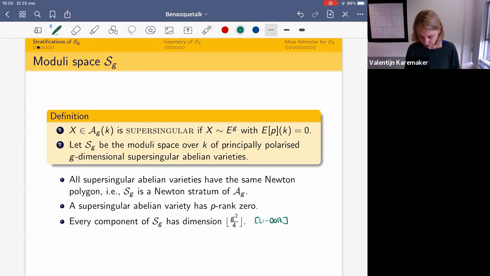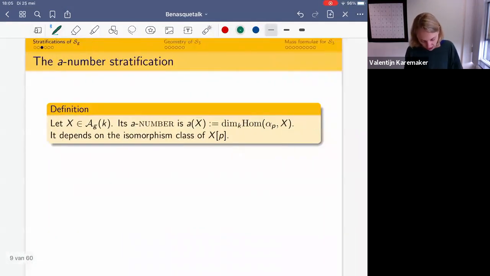Right, so I'm going to now define another stratification on this, for which I need yet another invariant. So throwing a lot of theory at you here in the first minutes, but please bear with me.